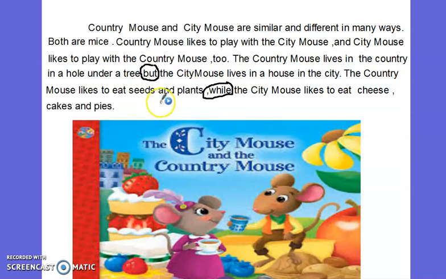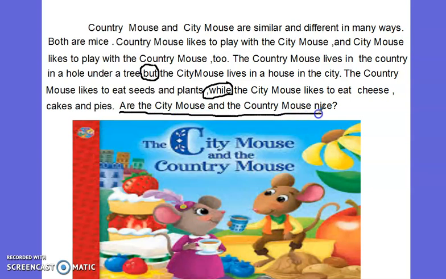We can write, I like the city mouse or I like the country mouse. Or we can end our paragraph with a question. Are the city mouse and the country mouse nice? So, this is the closing sentence.